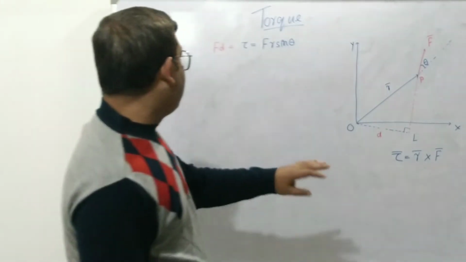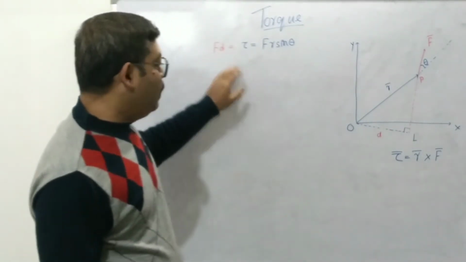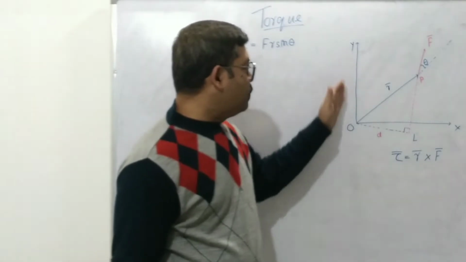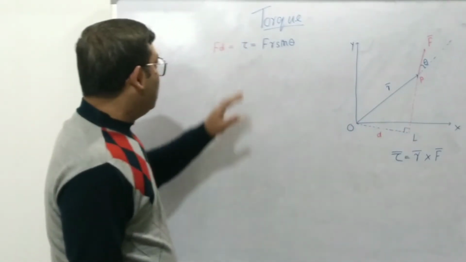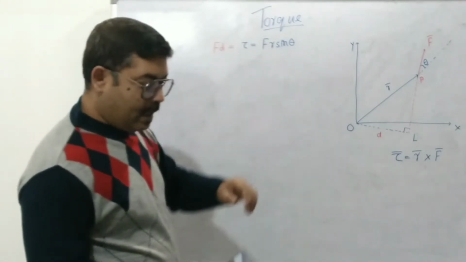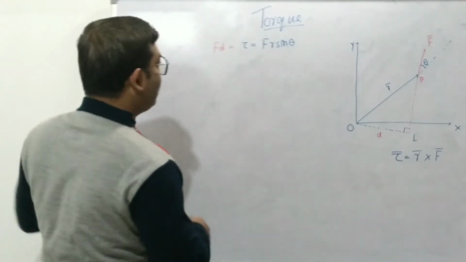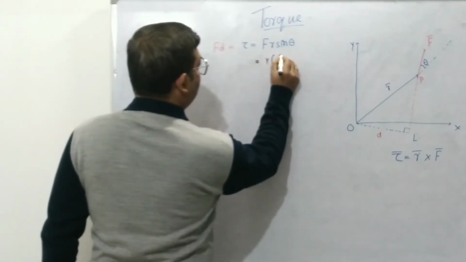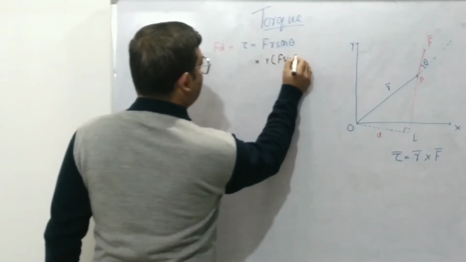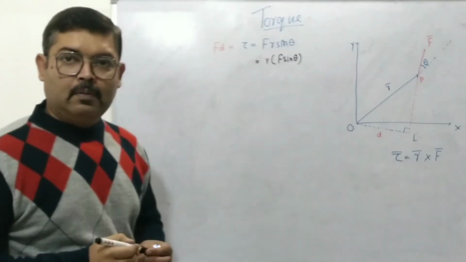Or in magnitude, tau equals F into D, where D is the perpendicular distance between the axis of rotation and the line of application of the force, which can be given by R sin theta. Now, what we can do is rewrite this as R into F sin theta, right?